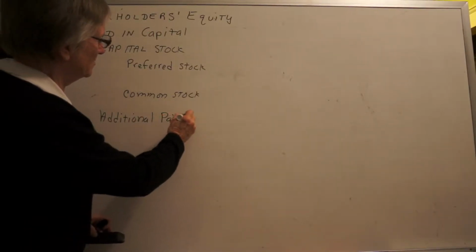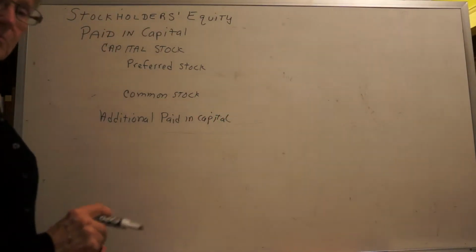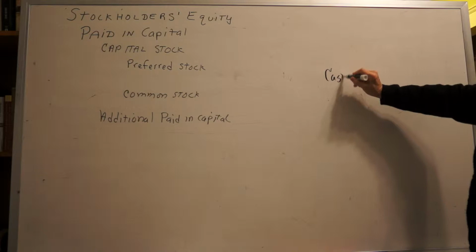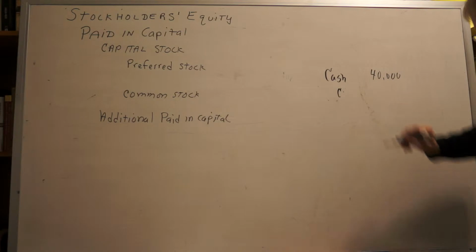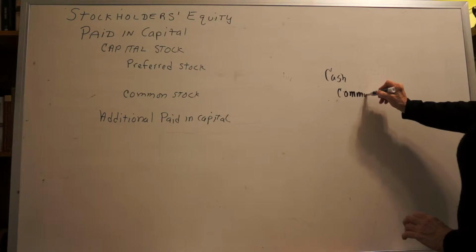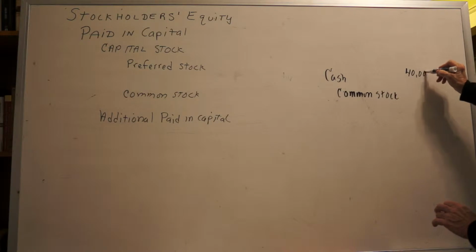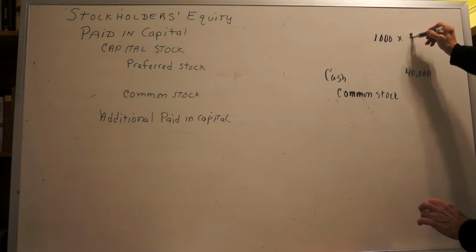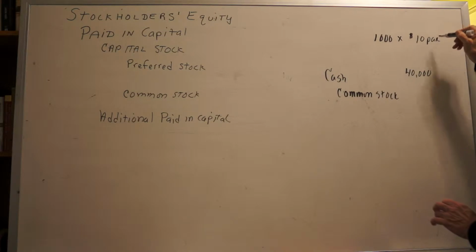If you think about the journal entry that you do when stock is issued, say you got cash of $40,000 when you issued some stock. Some of that will be attributed to common stock. Say you issued 1,000 shares of $10 par common stock.